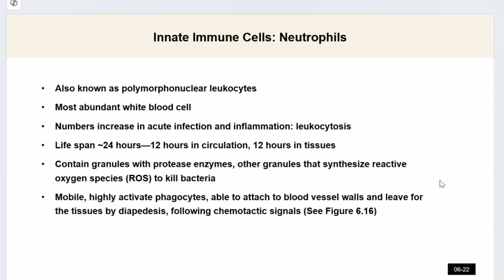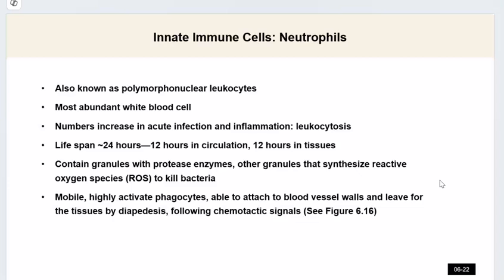The numbers will increase, obviously, in acute infection and inflammation. And that's when we see what we call leukocytosis. When you see a sharp increase in the leukocytes, that's why we call it leukocytosis. That should signal us as practitioners to begin to think of infection or inflammation that must be happening to drive that white blood cell count up.